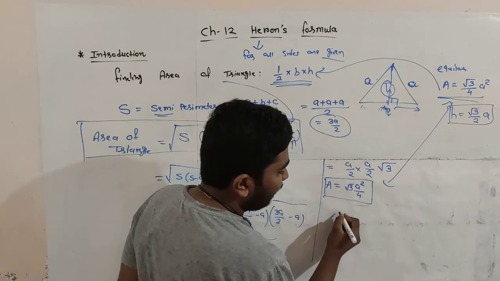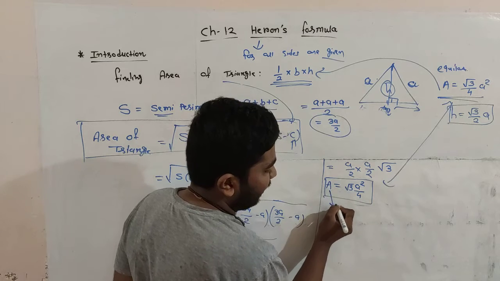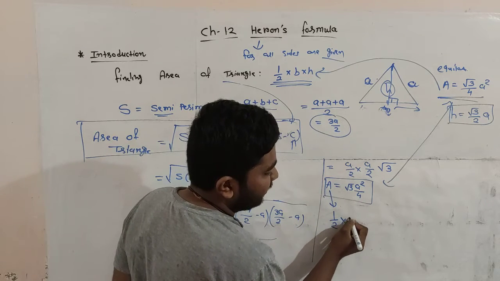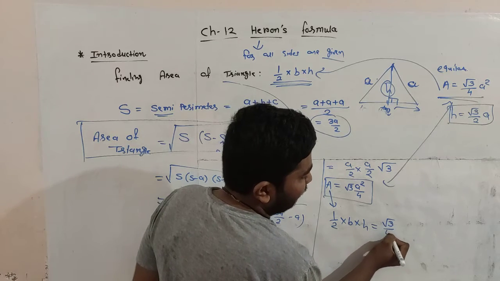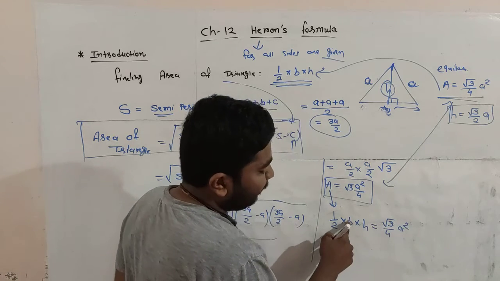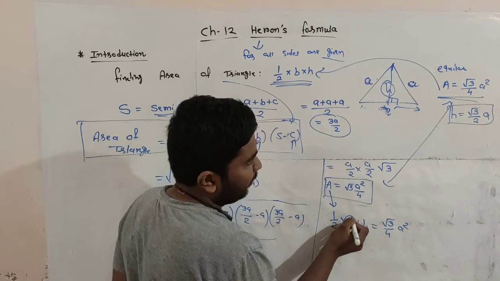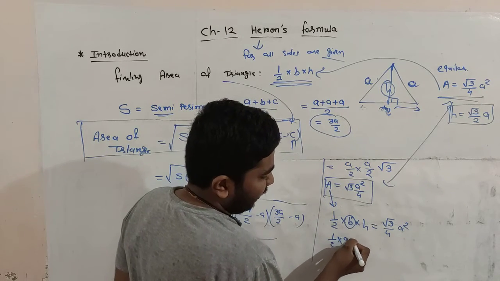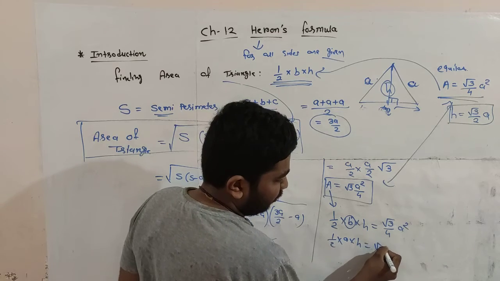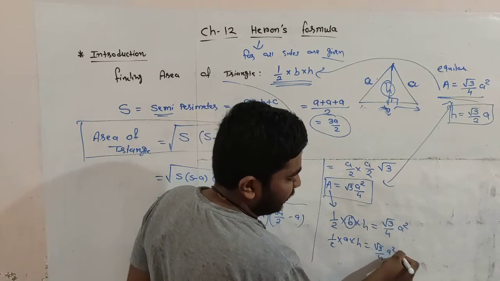Here I can compare, in place of area I can write half into base into height is equal to root 3 by 4 into a square. Now in place of base, what do we have? The side, that is a. So half into a into h is equal to root 3 by 4 into a square.